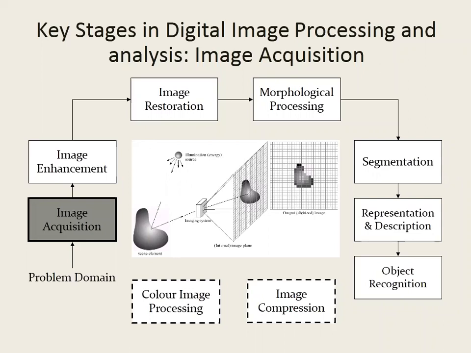So whenever something is wrong within the structure, morphological processing is able to recover the structure of the image. This is mostly applicable in a binary image, but it's also possible to apply it in a grayscale image. You'll see the techniques of how to apply it, because there are dilation and erosion techniques available, which dilate if there are missing pixels. There are steps to erode if there are extra pixels added. So image enhancement, image restoration, and morphological processing are the techniques which are frequently used during image pre-processing.